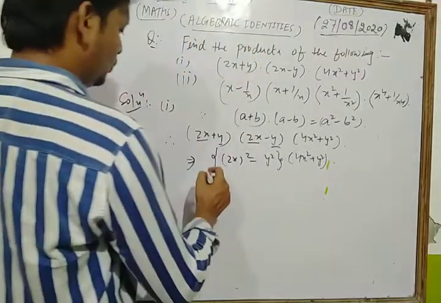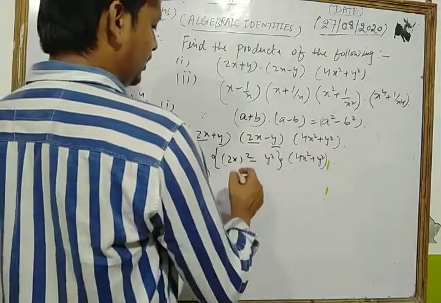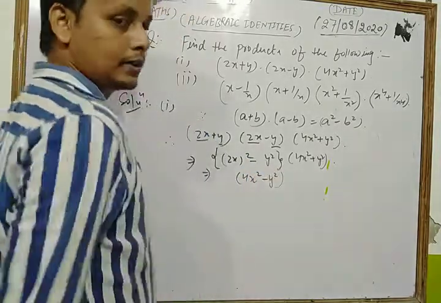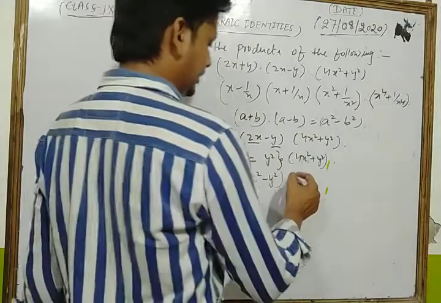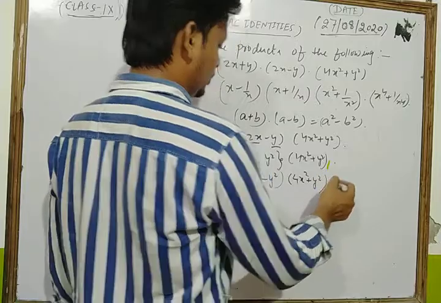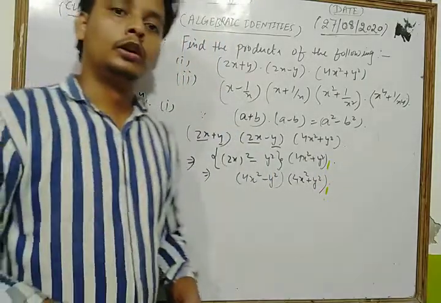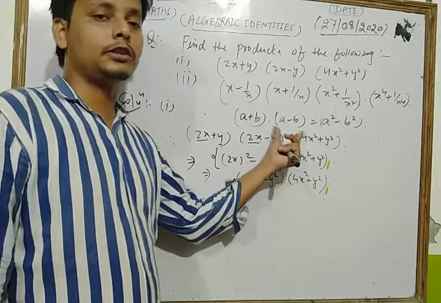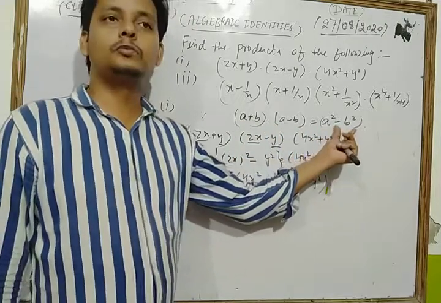Now look what I do, we write (2x)² as 4x² minus y². Similarly here we write 4x² + y². Now what I do, dear student, here again we apply the identity (a + b) into (a − b) as a² − b².